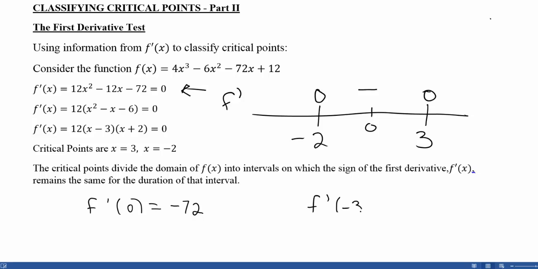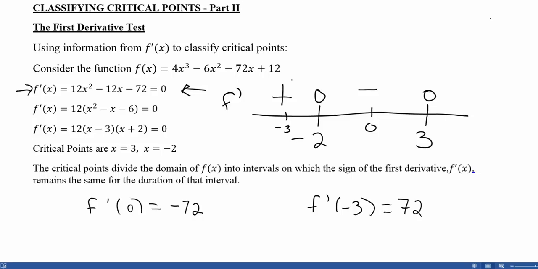If I plug negative 3 into my first derivative, and crunch that number, I'm going to get positive 72. So since it's positive, that means every single number that I plug into the first derivative between negative 2 and negative infinity, going down to the left, is going to be positive. So that also tells me that my original function is increasing everywhere from negative infinity to negative 2.